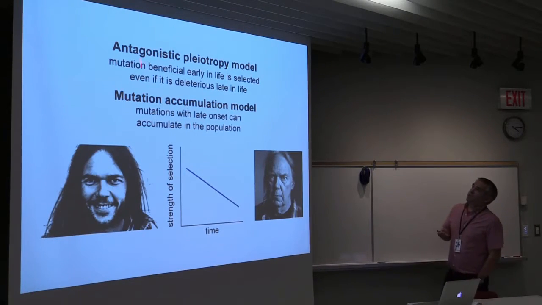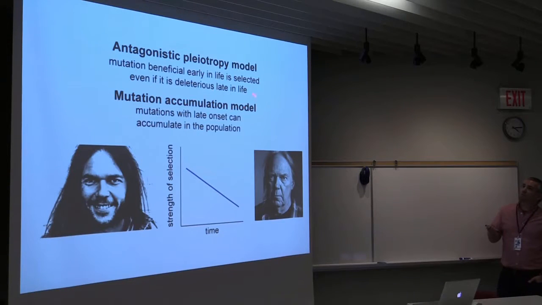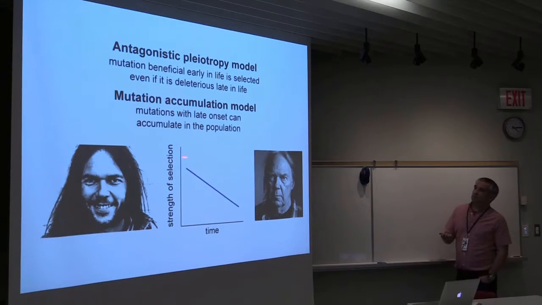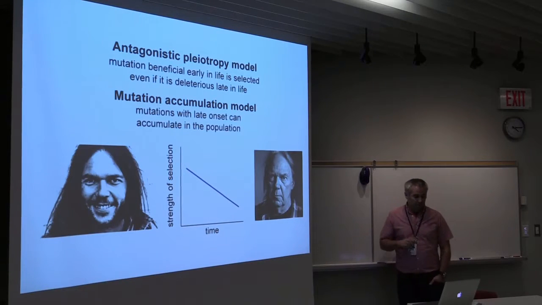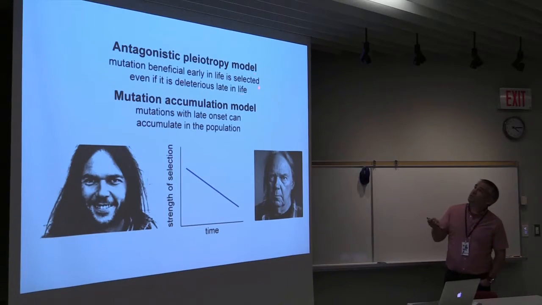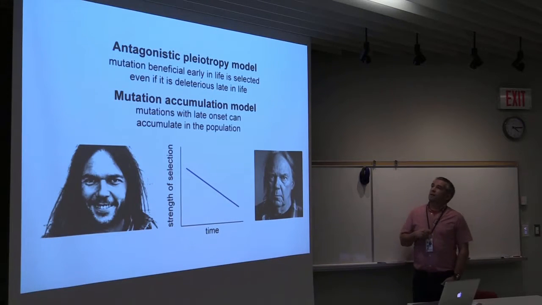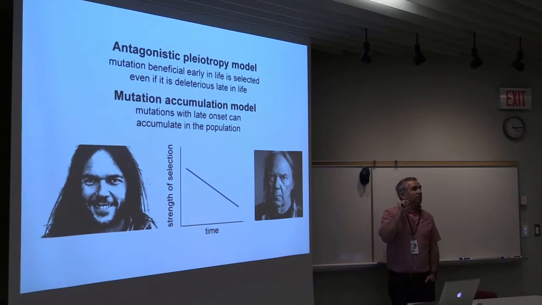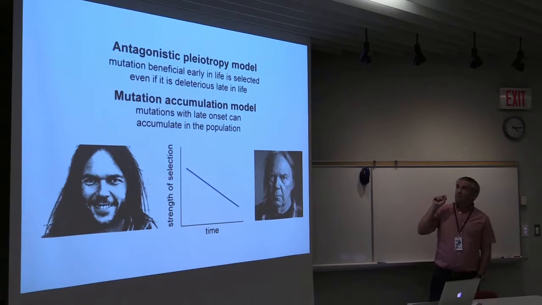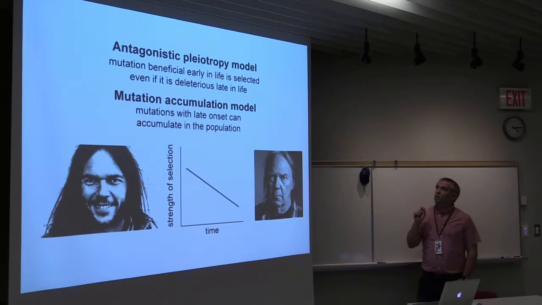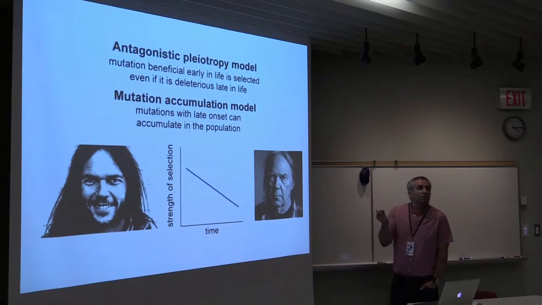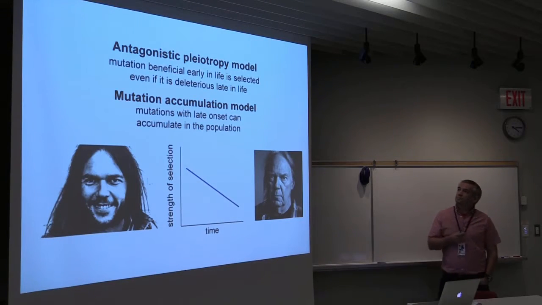So there are different hypotheses for the evolution of aging. I mentioned 2 of them that are both based on the fact that natural selection is weaker as organisms get older. The antagonistic pleiotropy model states that if a mutation is beneficial early in life, it will be selected even if the same mutation is deleterious and may cause a disease, for instance, late in life.